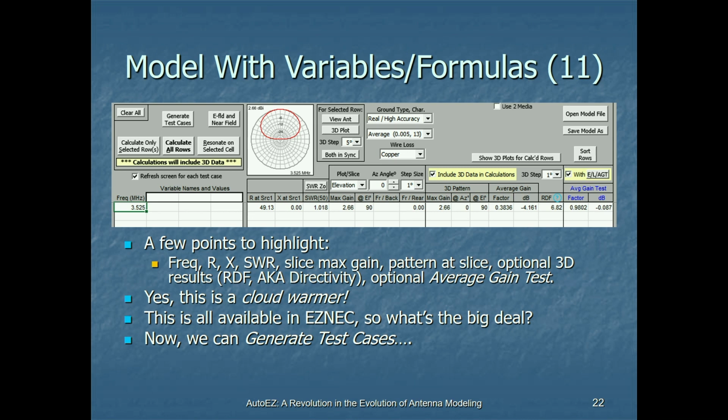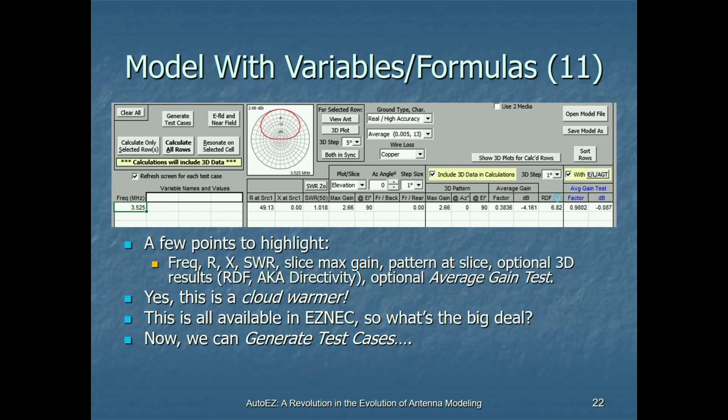The maximum gain. Now, another nice thing about this is I clicked on including 3D data in calculations, and I also clicked, in the far right, include the average gain test. If you're into modeling, one of the things that comes up sooner or later is this notion of the average gain test. And the idea is to make sure that you've got the most reliable and trustworthy modeling results.